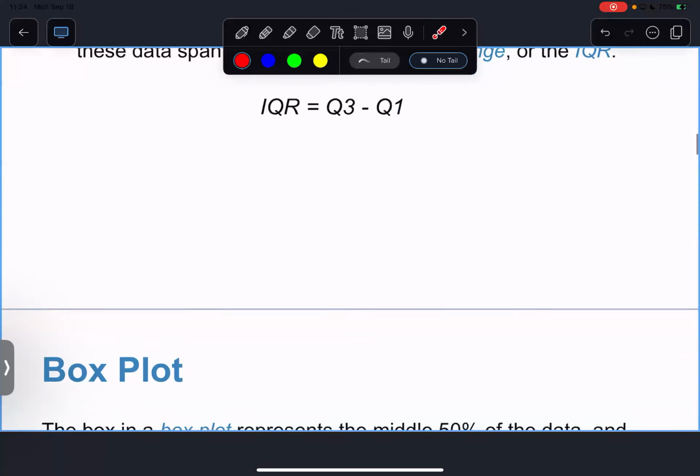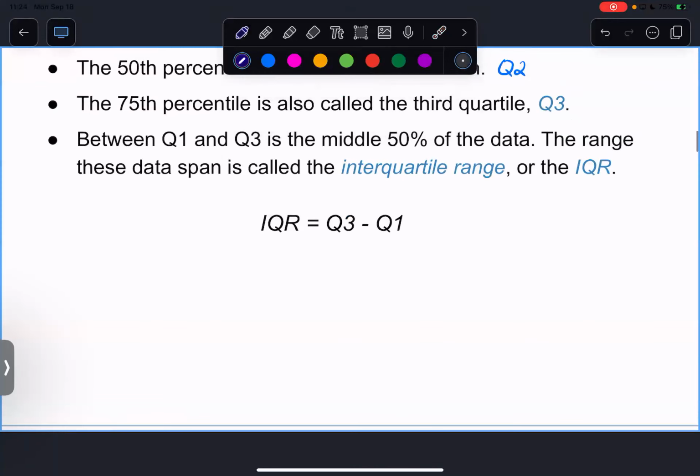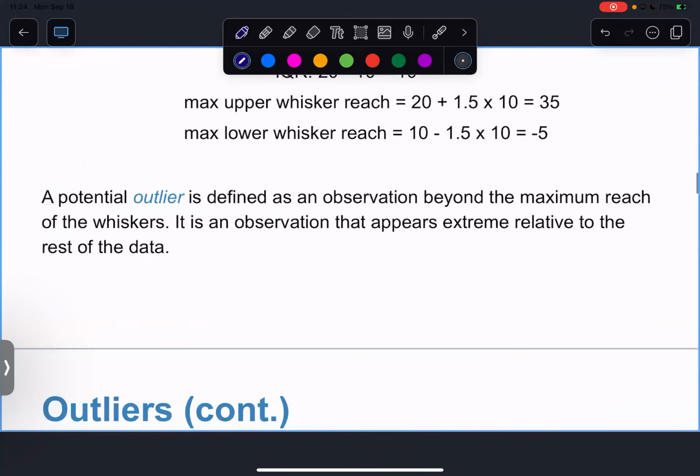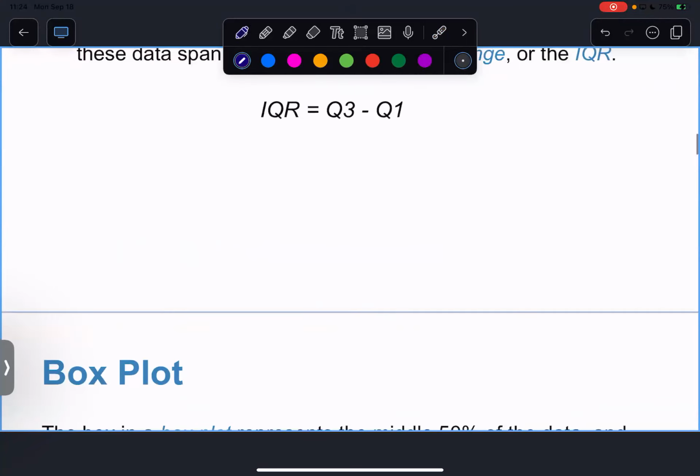Let's see here. Okay. If we have some values, I'll come up with some values.